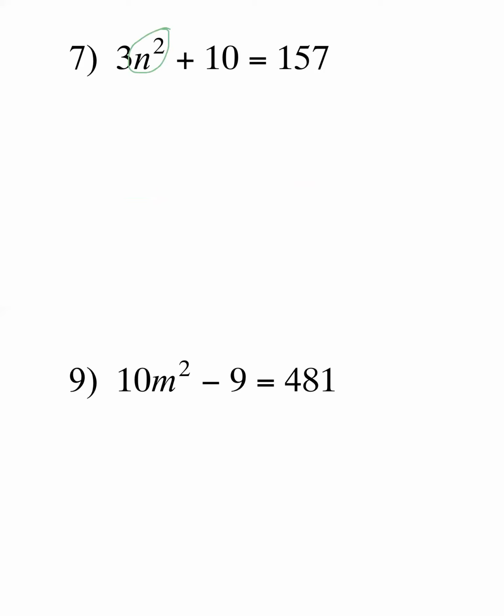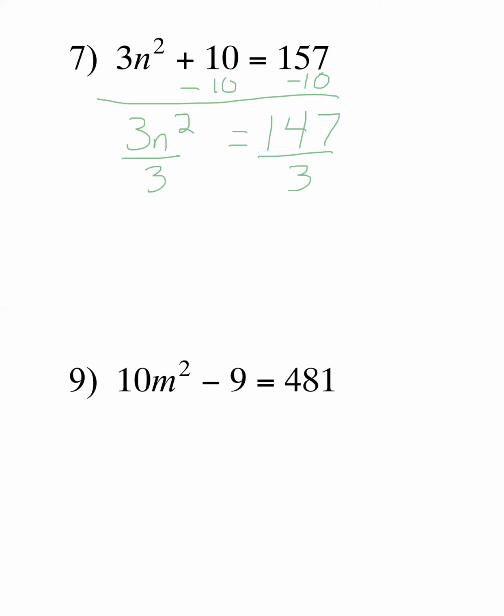I want to get n squared by itself, so I've got to get rid of that 3 and that 10. So let's start off by subtracting 10. So 3n squared is going to equal 147. Now I want to divide both sides by 3. And what is that? I think it's 49, but let me double check.